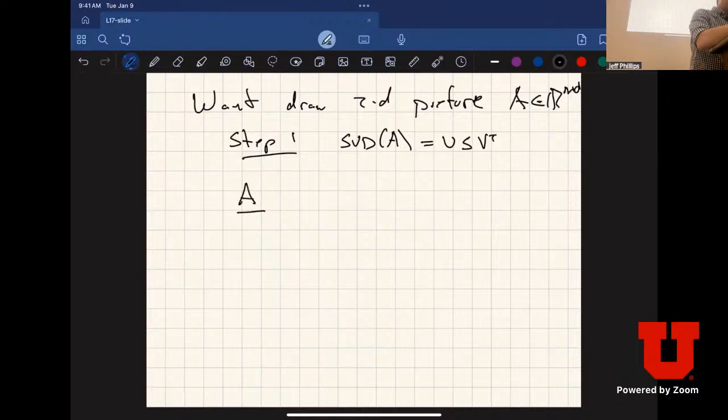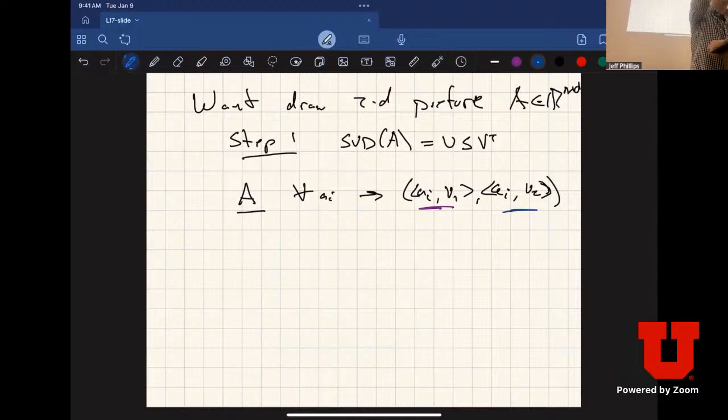Then option A is that for all a_i, I'm going to represent it as a_i dot v_1, a_i dot v_2, and this is now a point in 2 dimensions, right? The first coordinate is along the v_1 direction. The second coordinate is along the v_2 direction. So this is one way of drawing the picture.